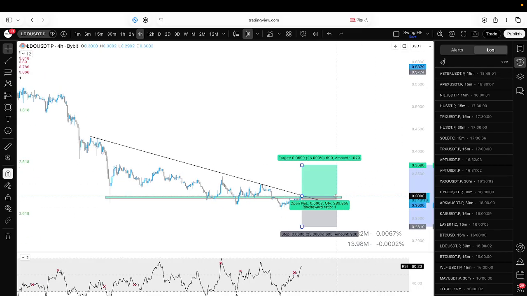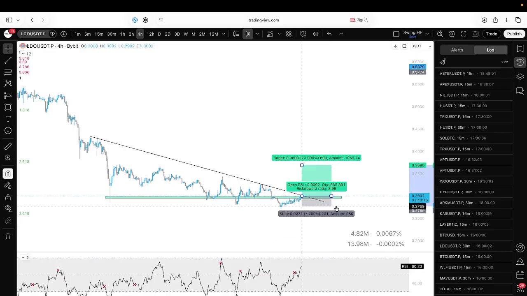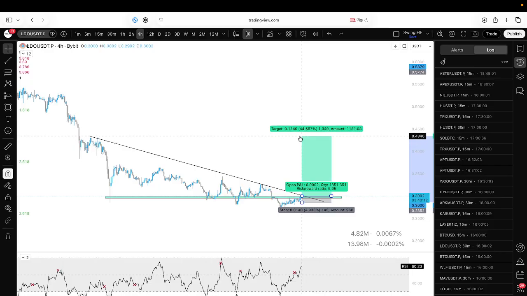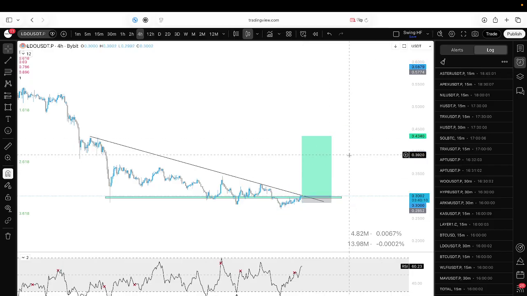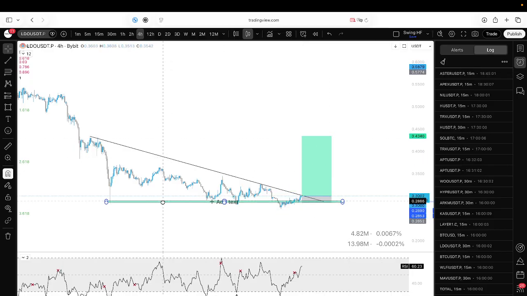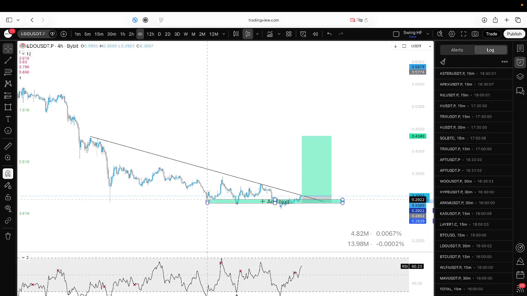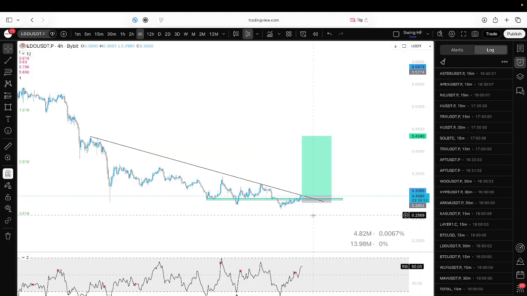Not so much volume on this coin, but this could be a great breakout setup. Honestly, it was good also on the retest here. But if we want to keep this major level, something like this.